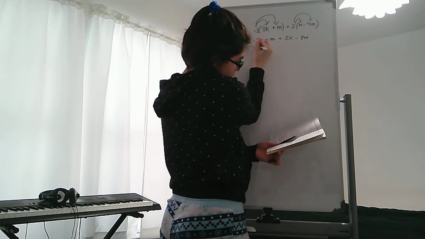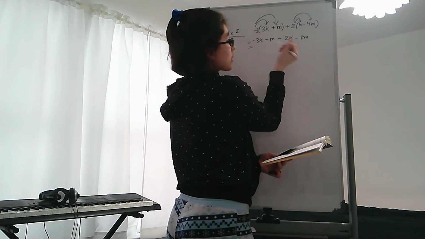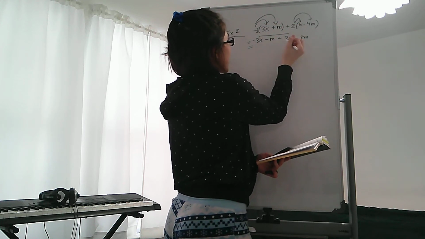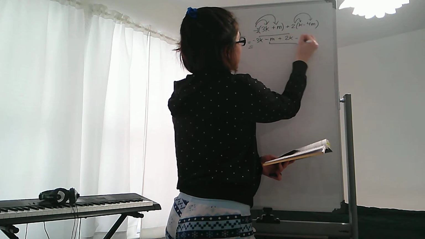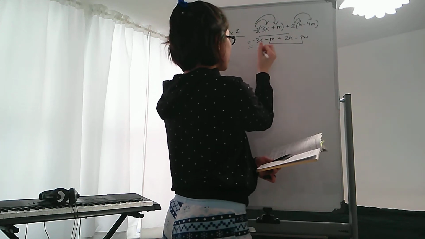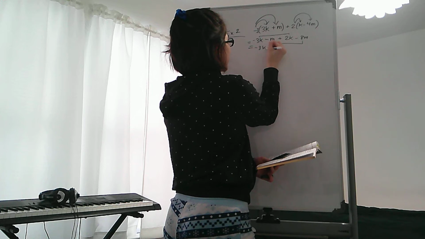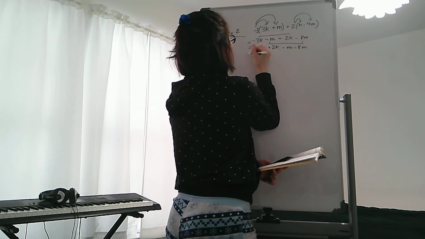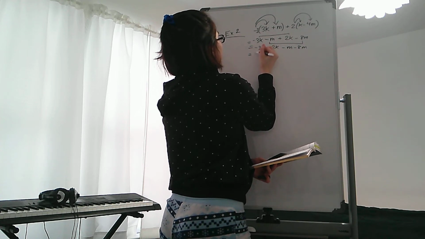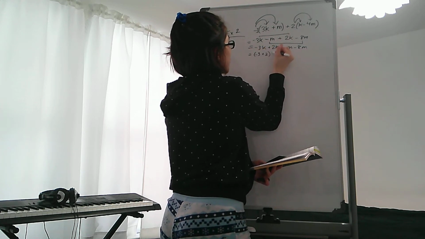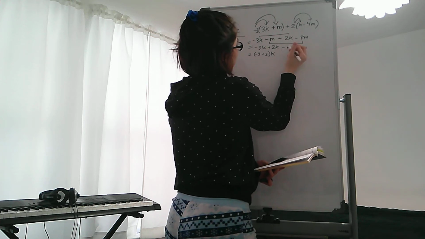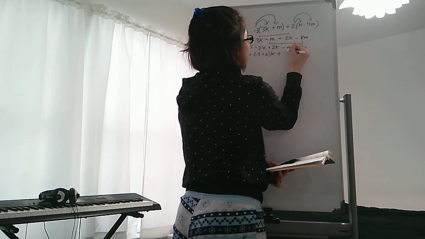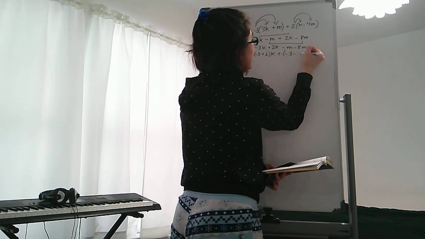And now you just combine like terms. So first we look at our like terms as we did in the first example. So negative 3k and positive 2k, negative m and negative 8m. So you simplify that. That is negative 3k plus 2k minus m minus 8m, and that is negative 3 plus 2 k, okay, minus, plus, I guess, negative 1 minus 8, right?